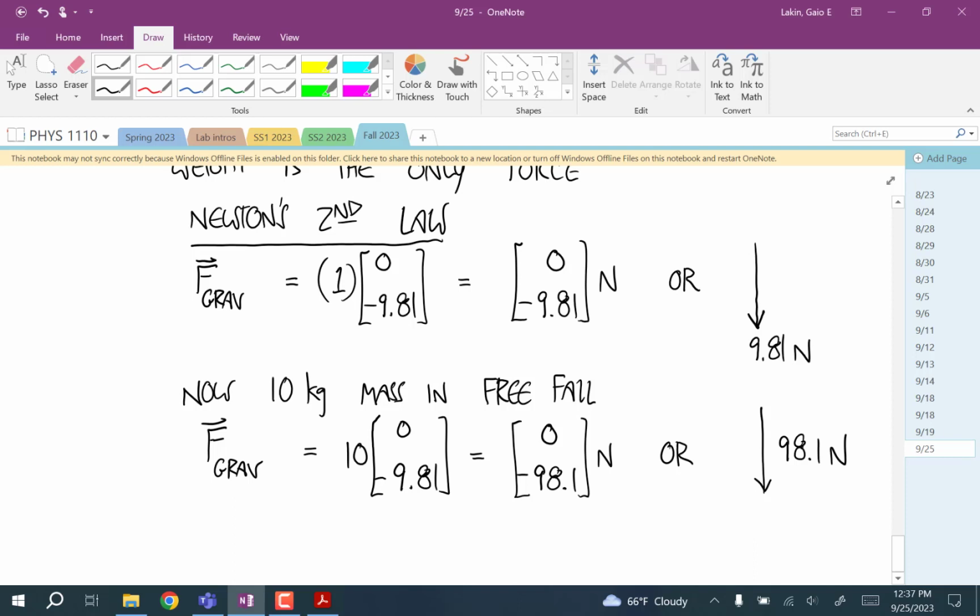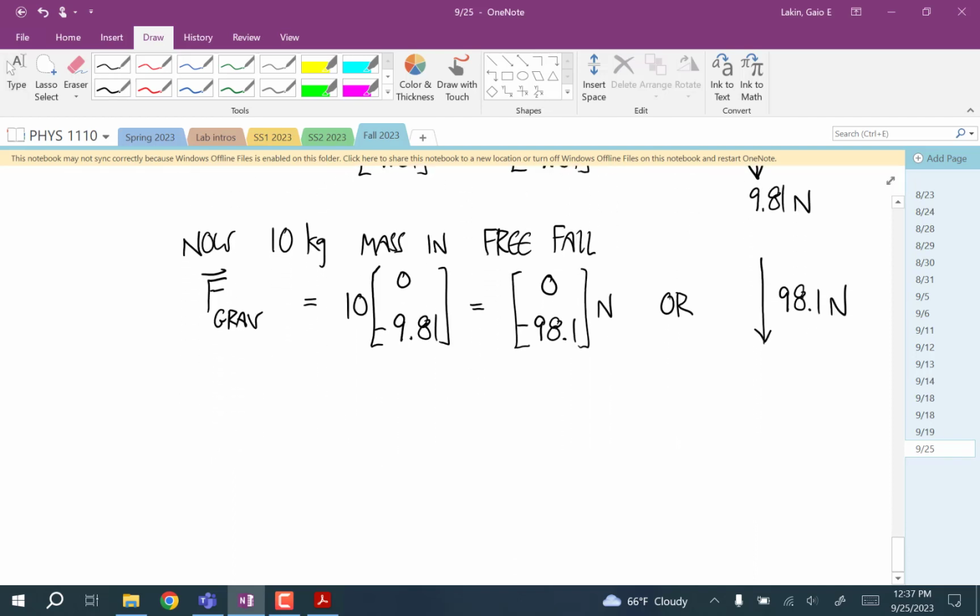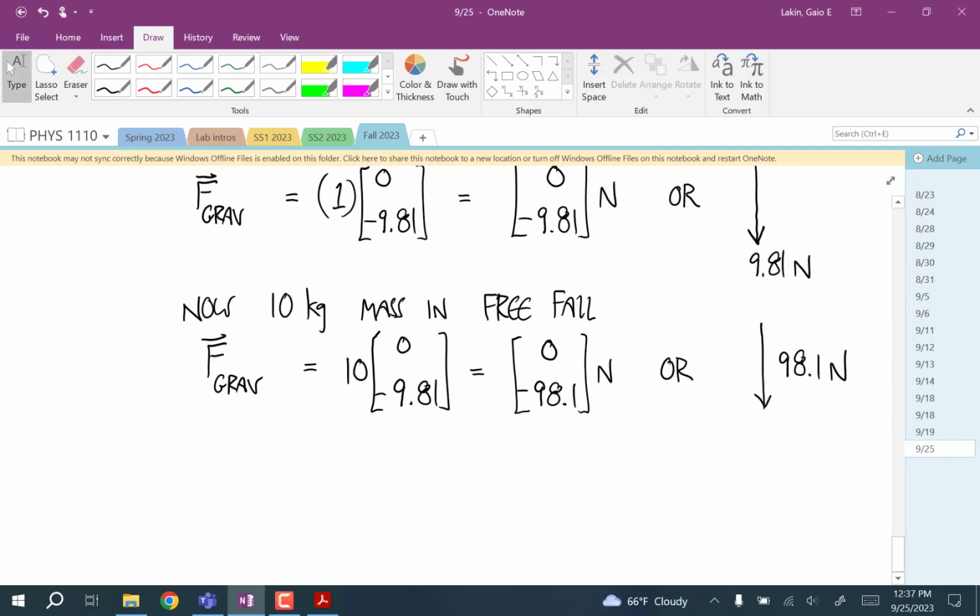So gravity is pulling harder on the heavier thing than it is on the lighter thing. Okay, so the final answer is, and I think if these two examples make sense, then the final answer will make sense.